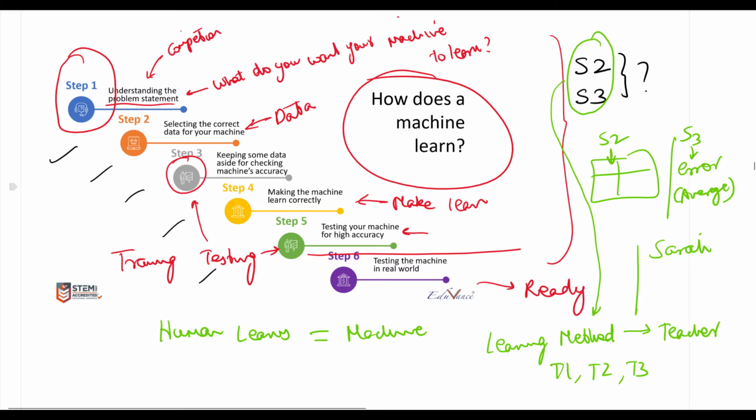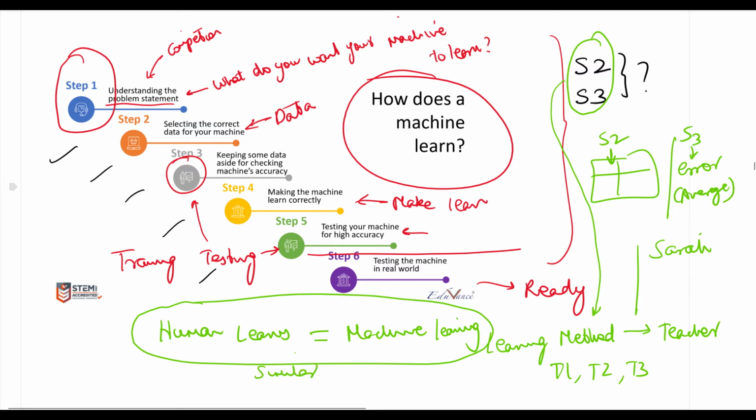So basically what I'm trying to say is human learning and machine learning are fairly similar in terms of the method. I'm being very clear that human learning and machine learning are similar in terms of the method. Okay?